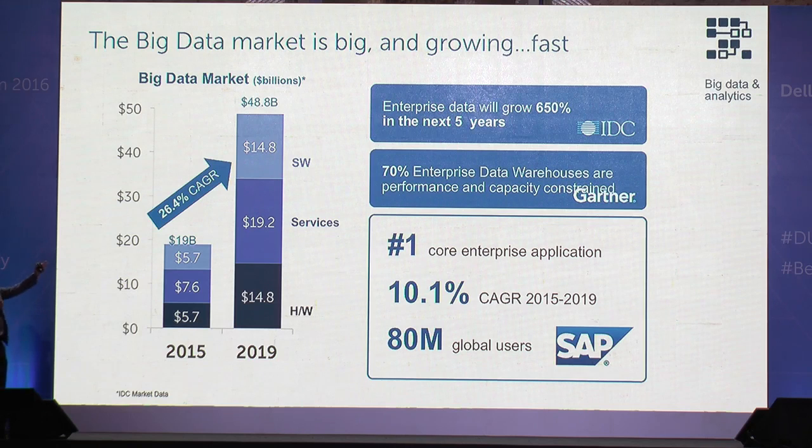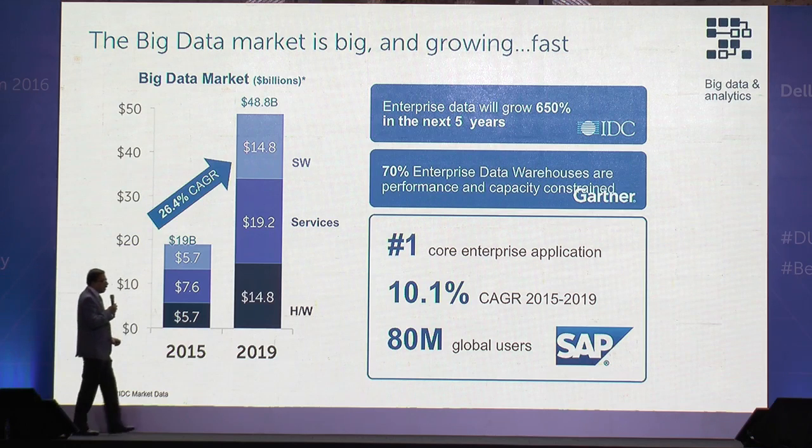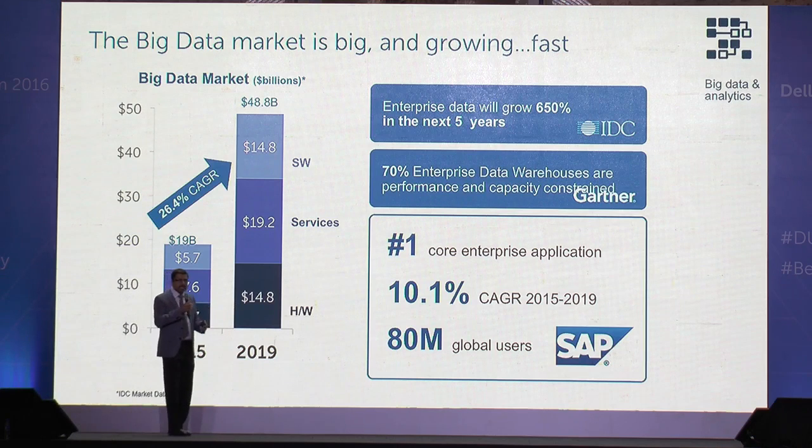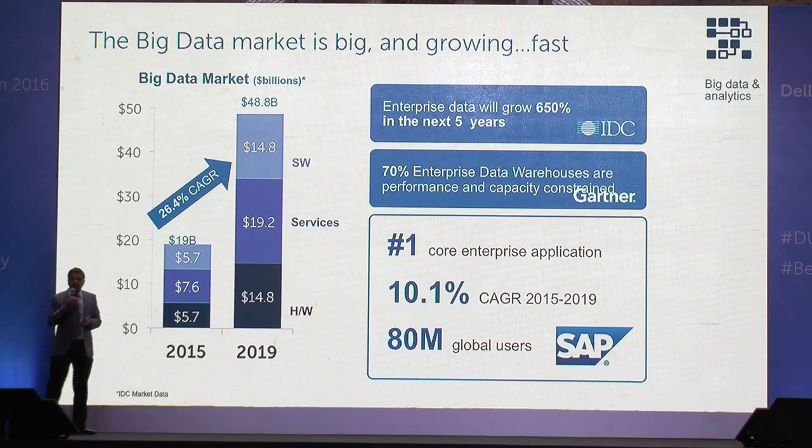But the point here is to show you that enterprise data will only grow in the next 5 years to a huge extent. They say 650%. 70% of the enterprise data warehouses are performance and capacity constrained. We know that. In terms of the growth rate, 10% growth rate, and look at what SAP actually has, 80 million global users on SAP.